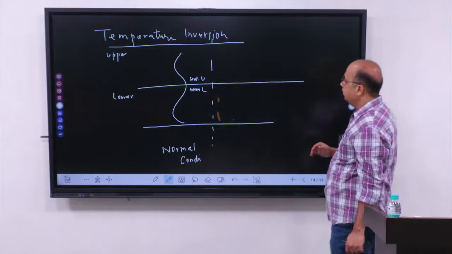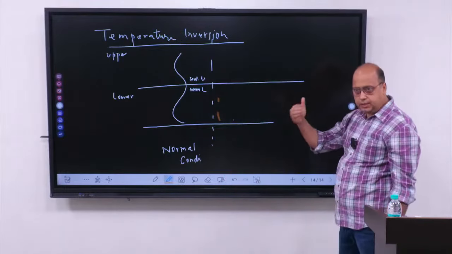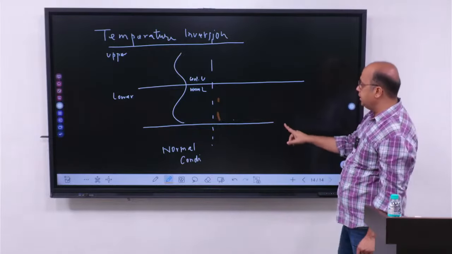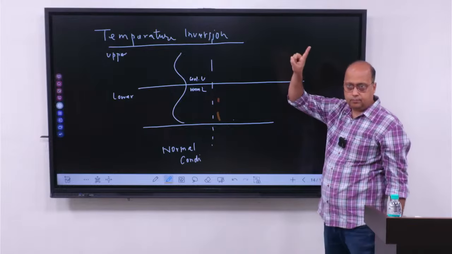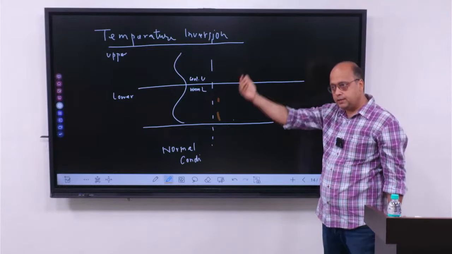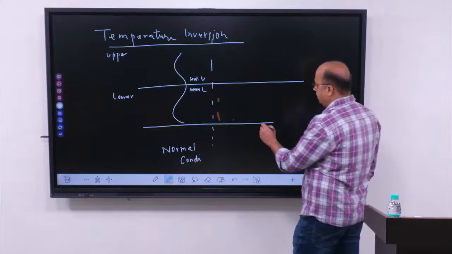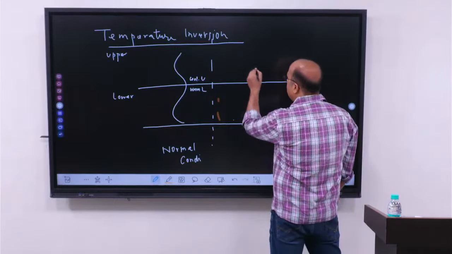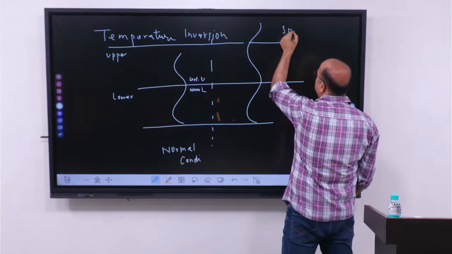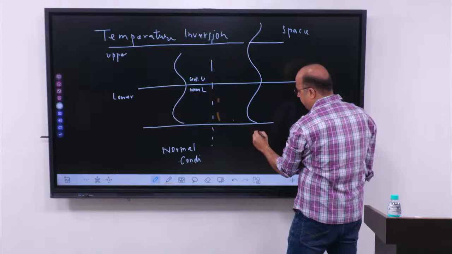Now, in some seasons, when the nights are longer, terrestrial radiation keeps working right from sunset to sunrise, so the surface becomes super cool. What goes to space?